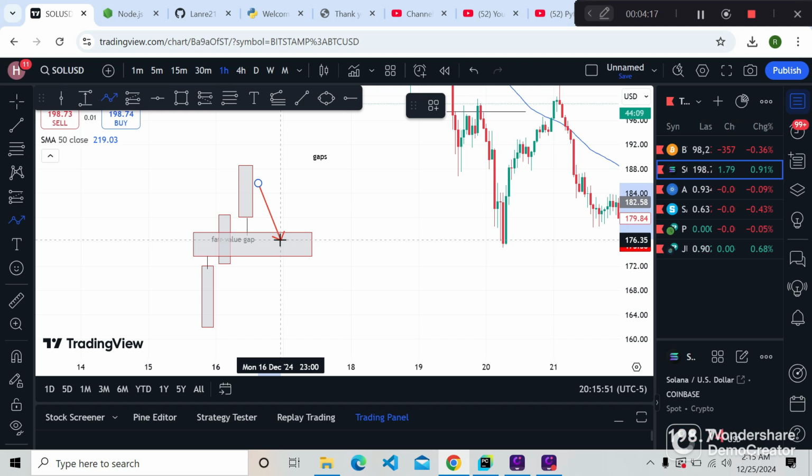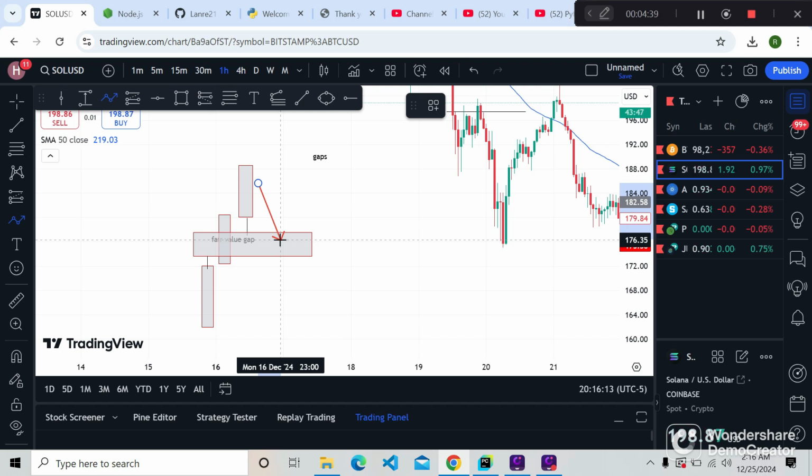You understand? So finding your entry around these areas can significantly improve your entries and your risk-reward ratios. The fair value gap is an interesting area for price action, for price entry.